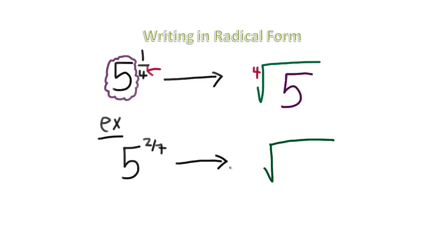The 5 will go here, and looking at the denominator, it's a 7, and we have to put the 7 here. But now there's a 2 instead of a 1, so this 2, which is the numerator, goes inside the radical, and it's 5 raised to that power, so it would be 5 squared. So this reads the 7th root of 5 squared.